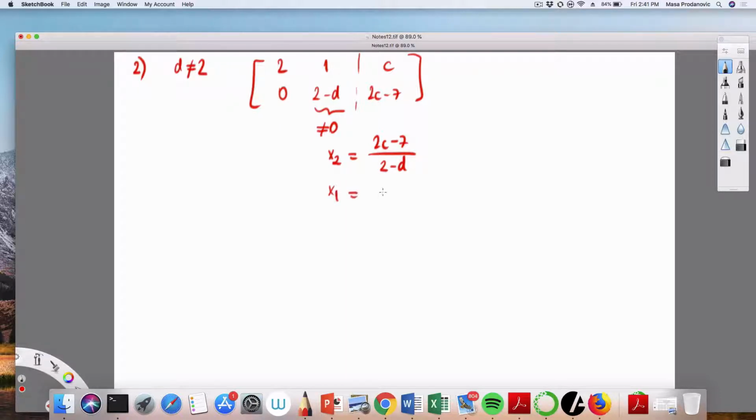And x1 is c minus this x2 based on this equation. And dot, dot, dot, I can find it. It's something in terms of C and D.